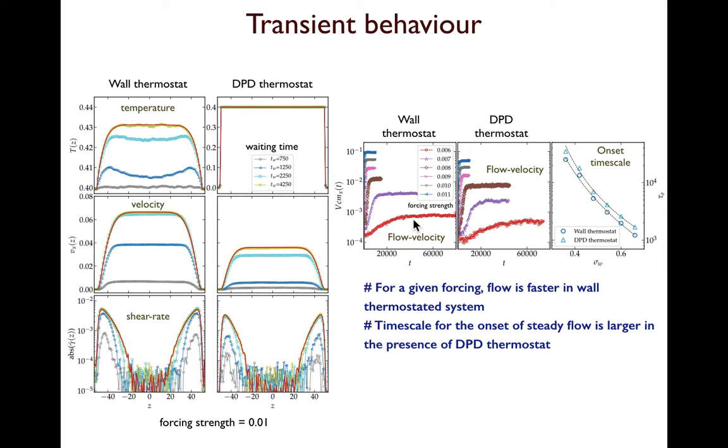Here we see that mean flow velocity is higher in the case of the wall thermostat than the DPD thermostat. Also, the steady state is reached from the quiescent state earlier for the wall thermostat than the DPD thermostat, and this onset time scale of the steady state for the flow is plotted here, and this can be further fitted with power law behavior.